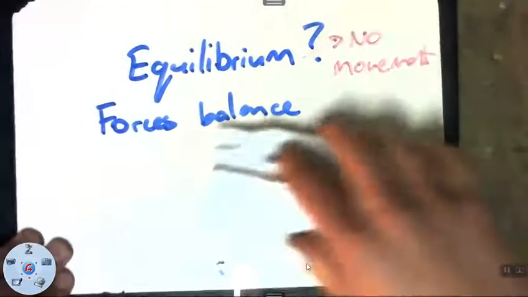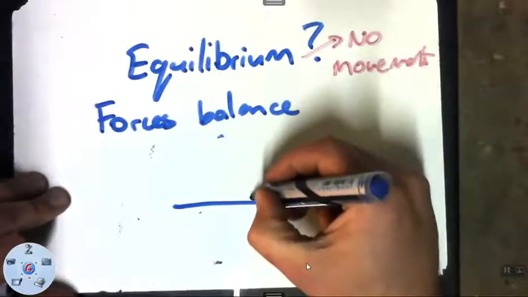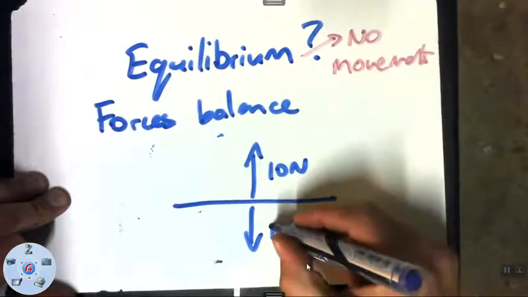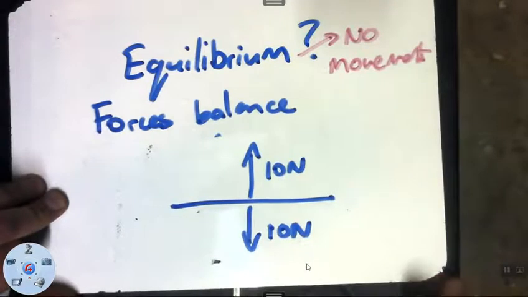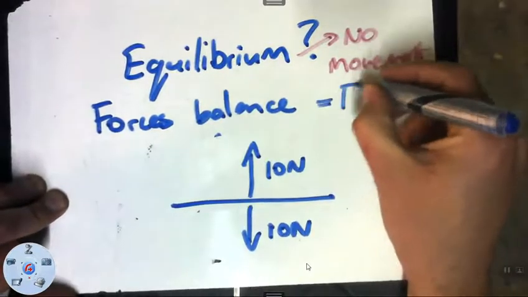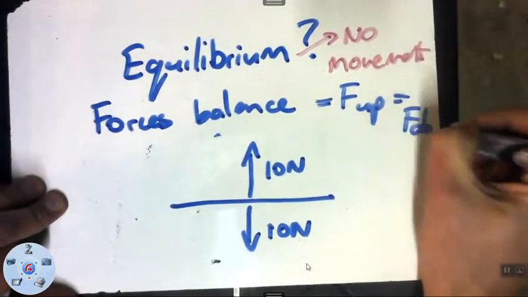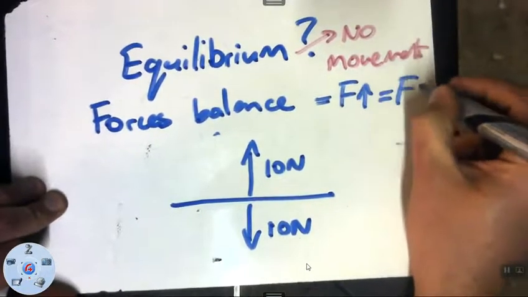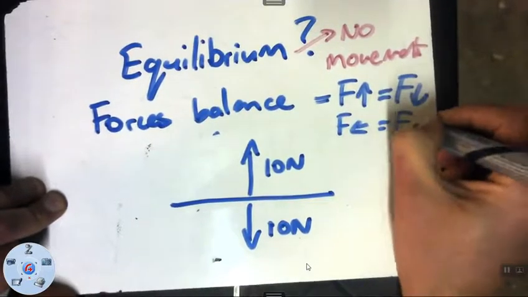So what if we replace our object with a stick? If I pull up here and pull up there with 10 Newton, it's not going to move anywhere. There's no movement. And we said that forces are balanced when the forces up are equal to the forces down, and the forces to the right are equal to the forces to the left.